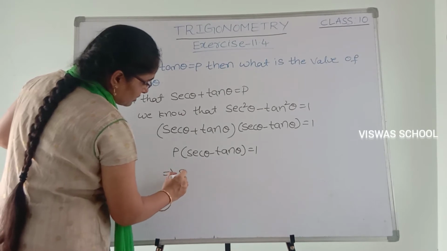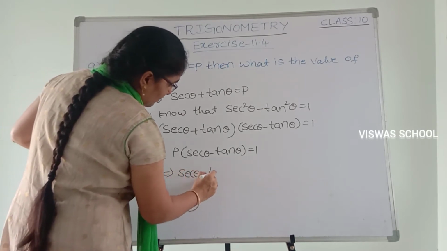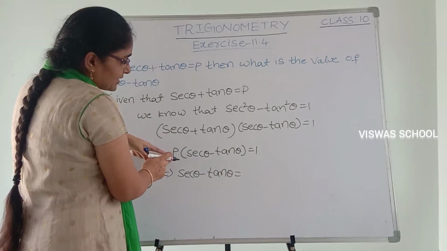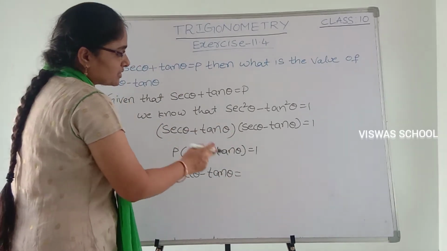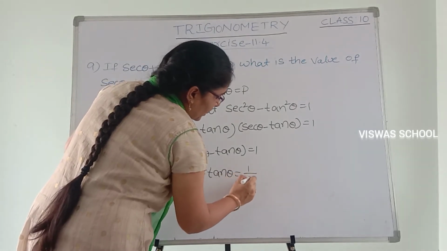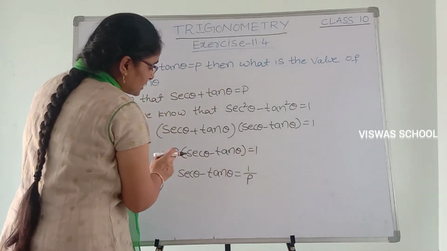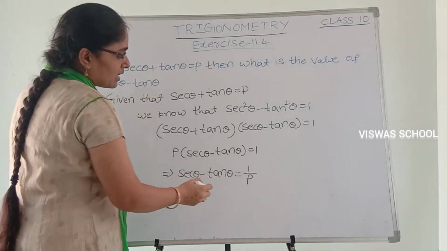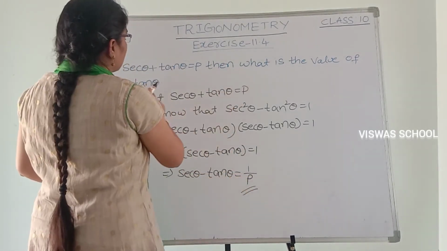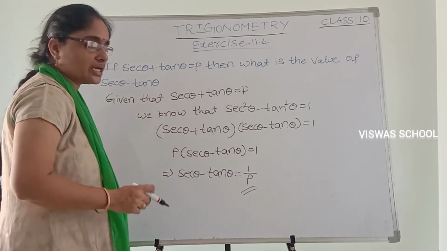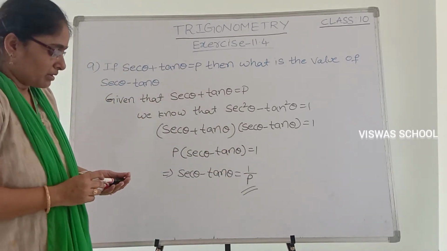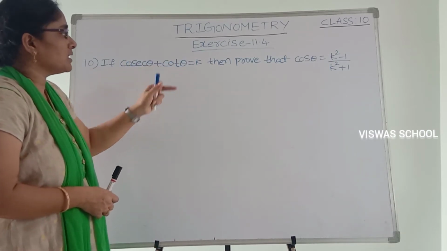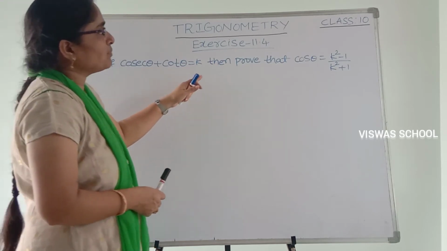From this, secant theta minus tan theta is equal to 1 by p, because writing p to the RHS side changes the multiplication into division. Therefore the value of secant theta minus tan theta is 1 by p.